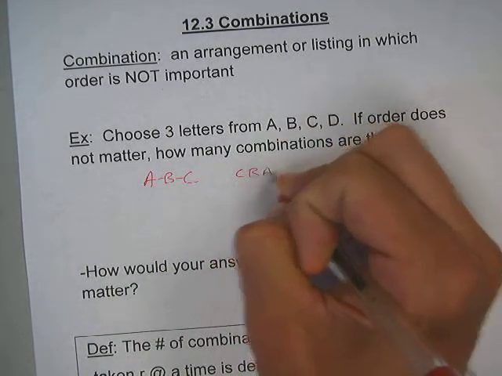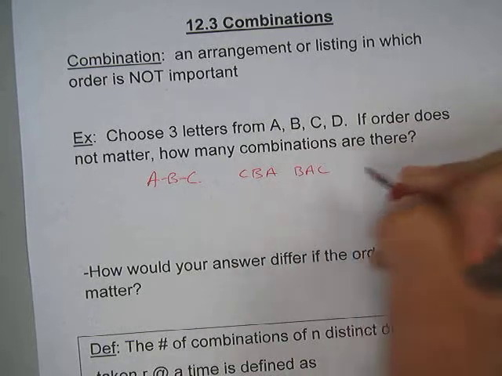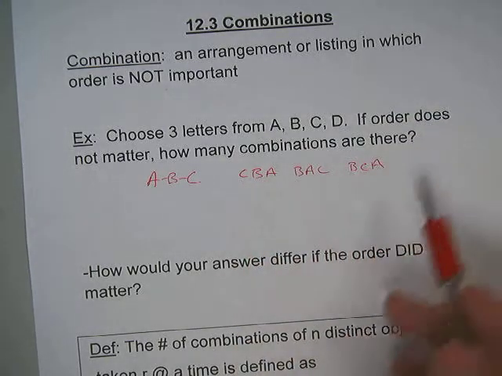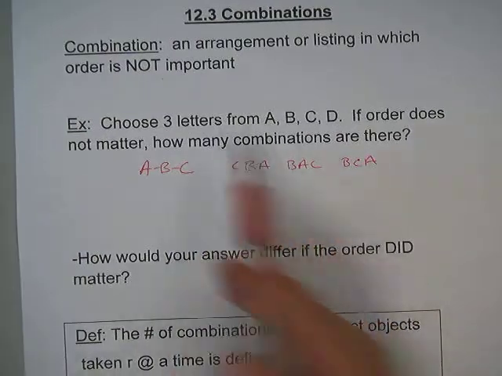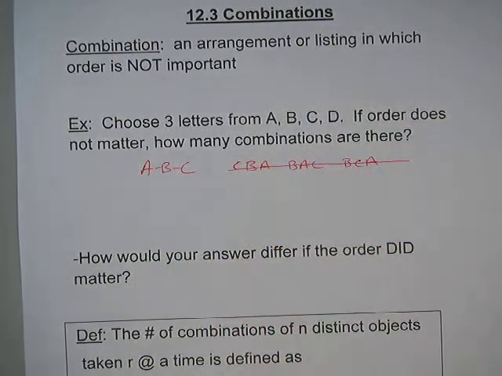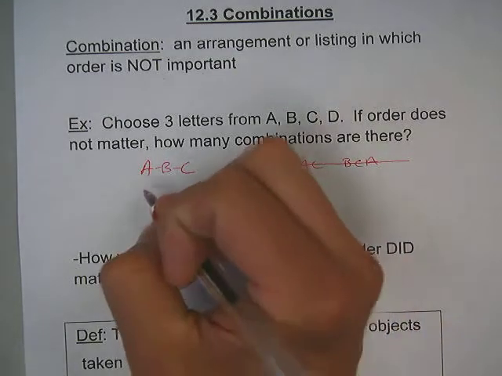So all of those different choices here. Now there's more, but all these, according to a combination, are exactly the same thing as this. So we don't list any of these.